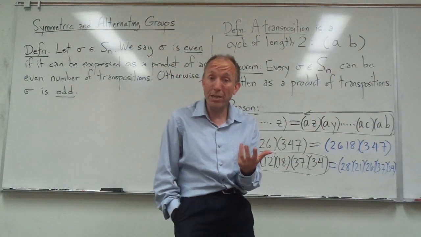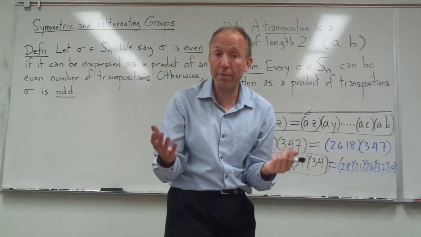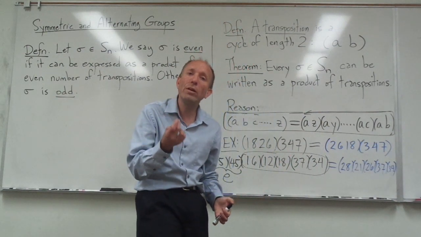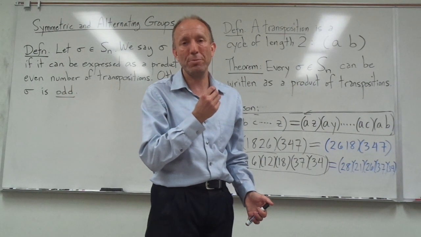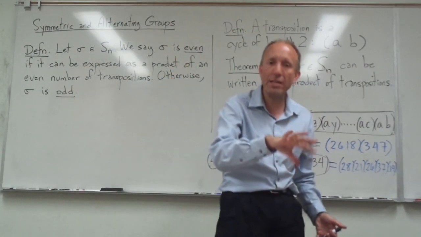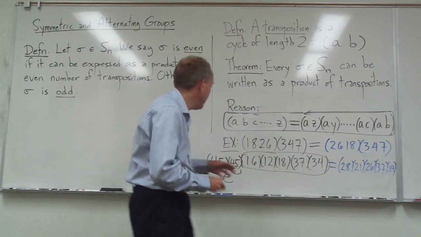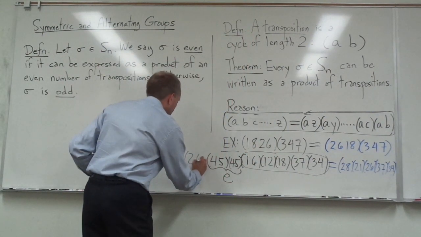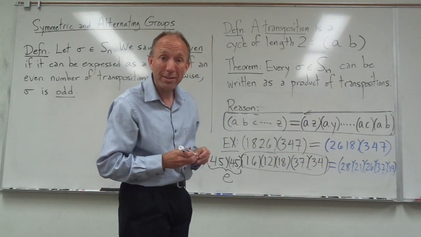If you write sigma in various different ways as products of transpositions, you're going to get a lot of different ways of doing that, but they're all going to be using the same parity of transpositions. Parity just means evenness or oddness, right? So either 5 or 7. I mean, we can do more things here. Now we have 9 transpositions making up sigma, right?